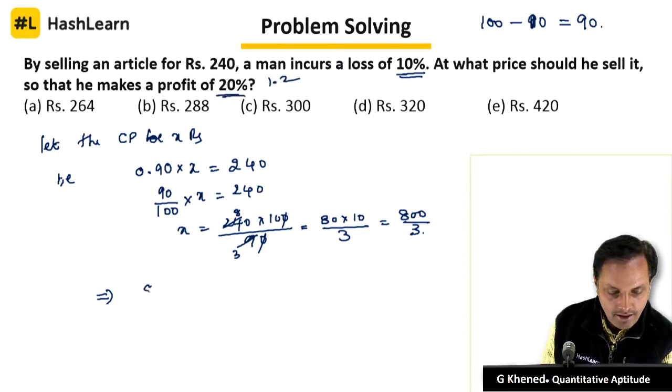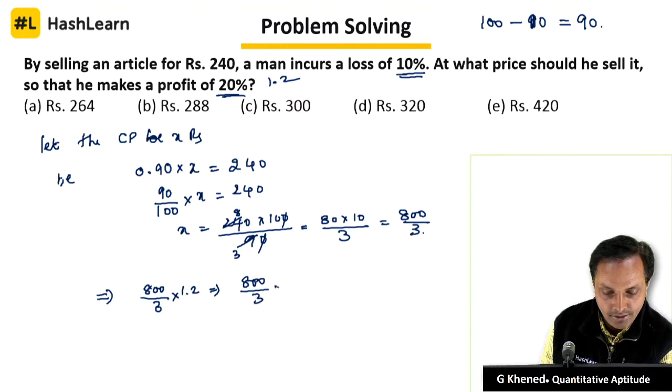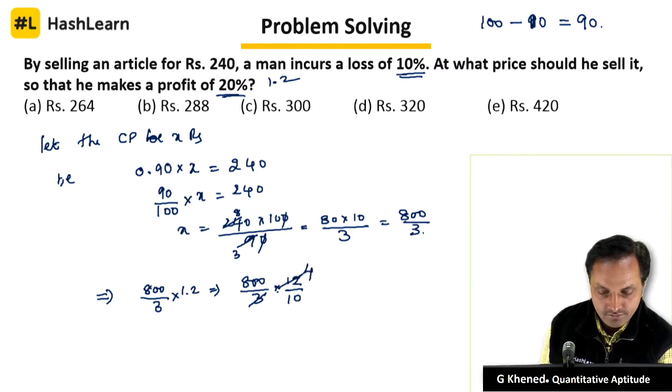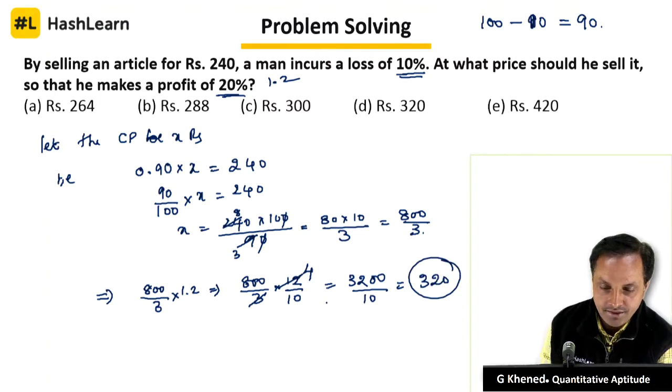So you do 800 divided by 3 into 1.2. That will give you 800 by 3 into 12 by 10. You can cancel it: 3 4s are 12, 8 4s are 32, 100 by 10, if you cancel it, 320 rupees.